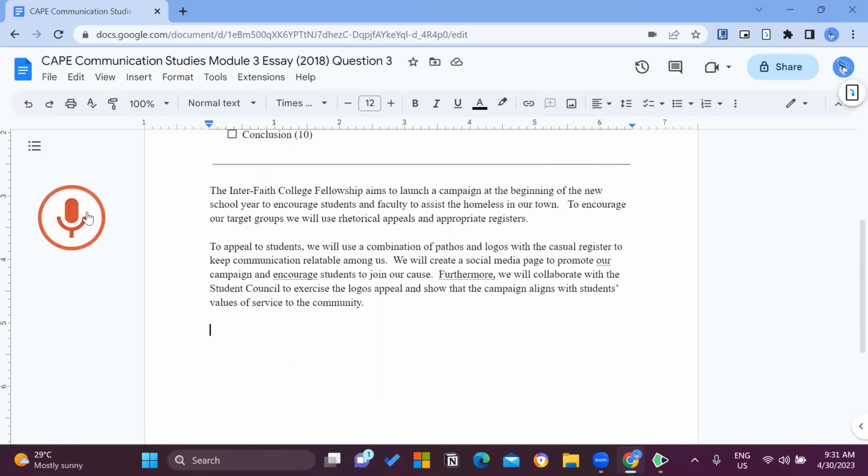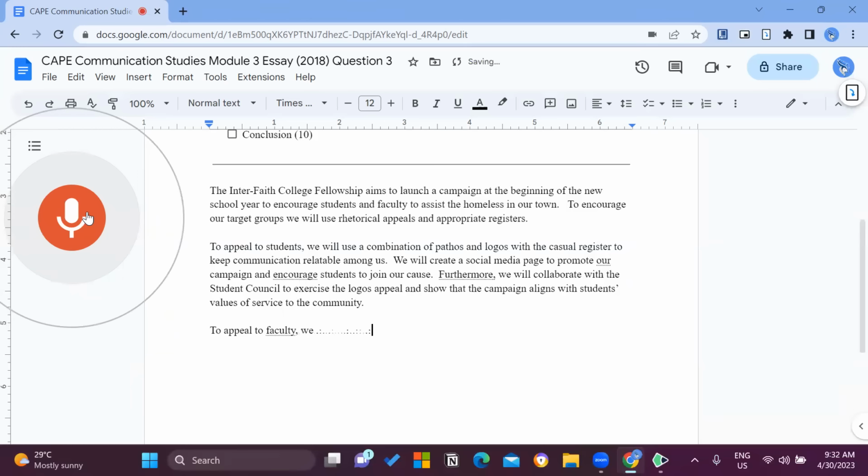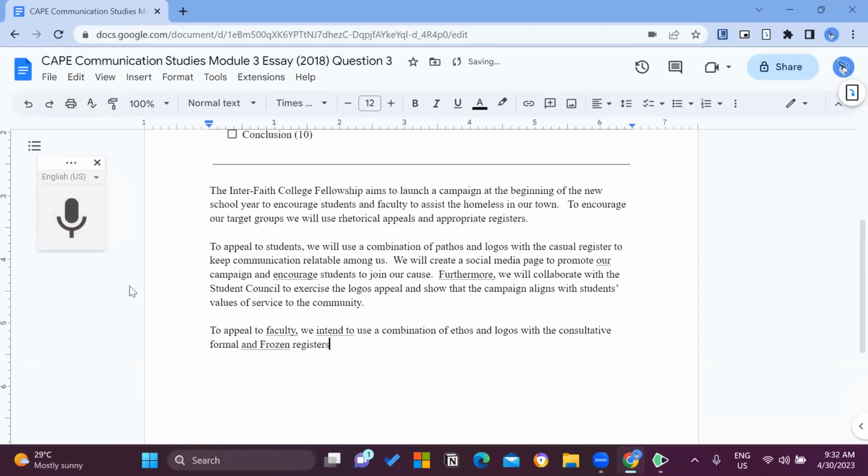So to appeal to faculty, we intend to use a combination of ethos and logos with the consultative, formal, and frozen registers.